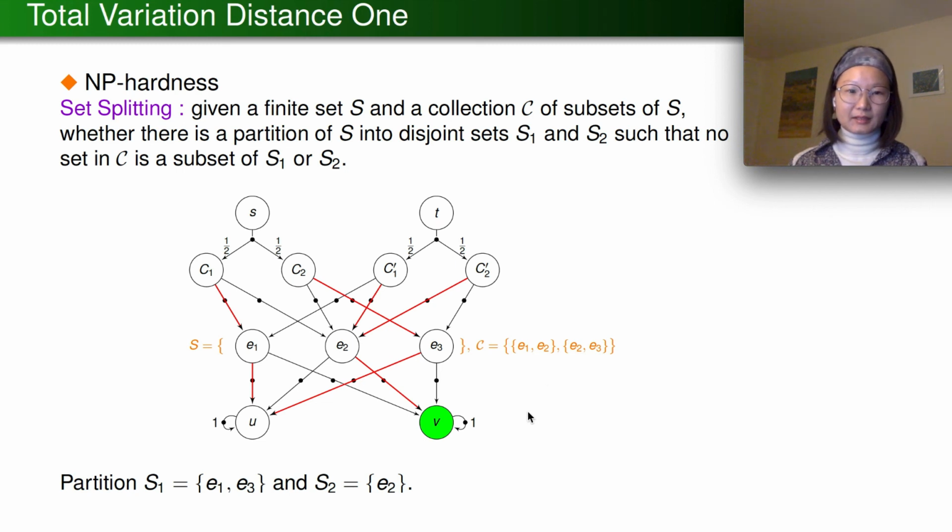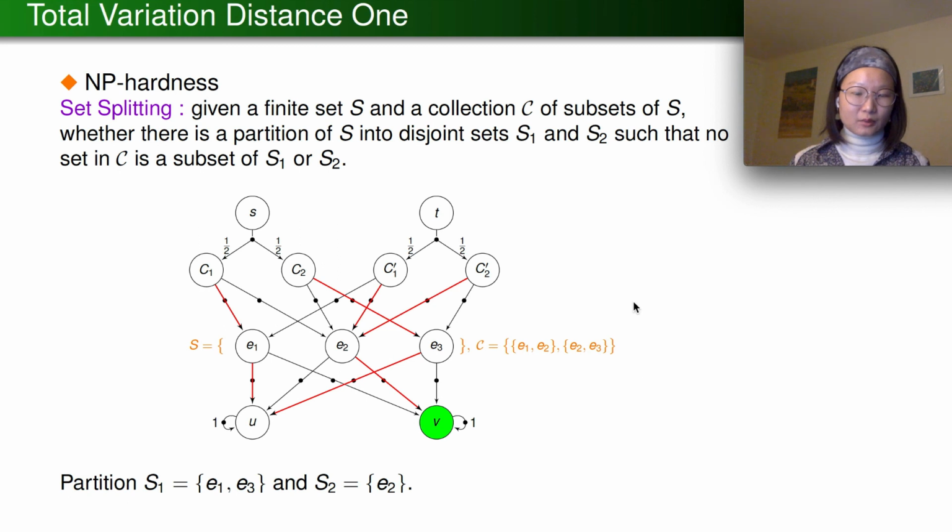In the MDP, there is a memoryless strategy that witnesses delta S and delta T, the Dirac distributions on S and T, having total variation distance 1 if and only if the original set splitting instance is a positive instance.